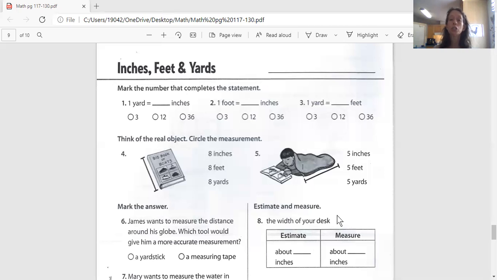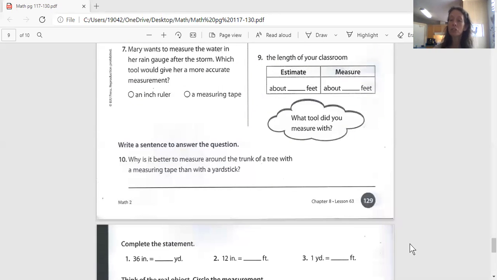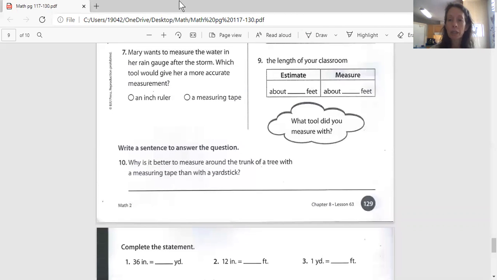We are going to do the even problems together, and you are going to do the odd problems tomorrow. So don't do it today. Don't worry about it today. But let's start with the page number. And here it is right here. It's page 129. So please get out page 129.